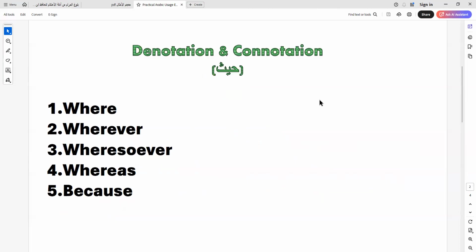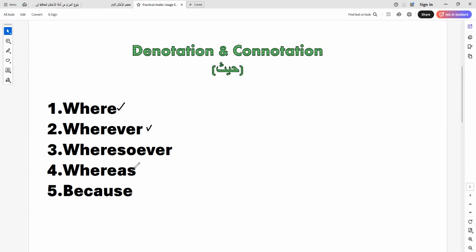So let's look at the denotation and the connotation. Haythu. What does it mean? Haythu can mean where, like where you go, I will go. Or it can mean wherever, or sometimes wheresoever.